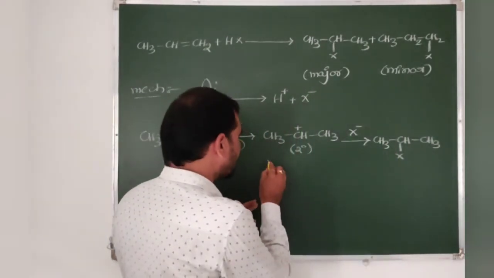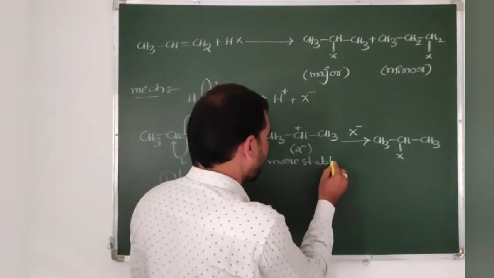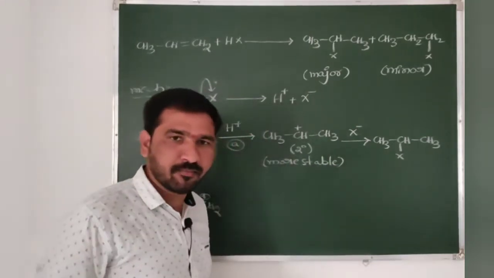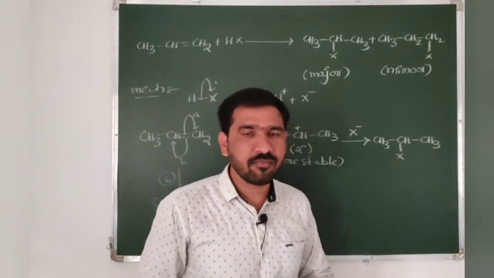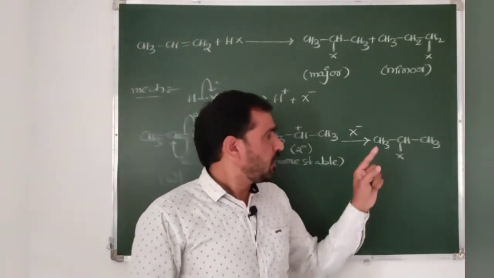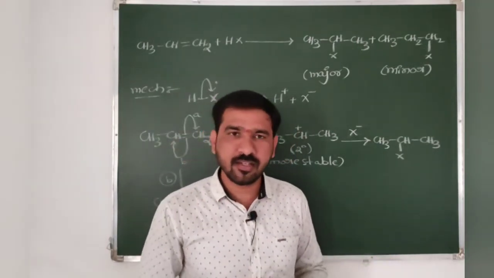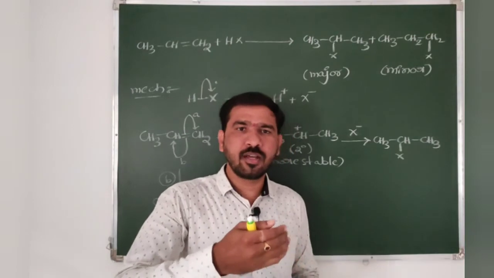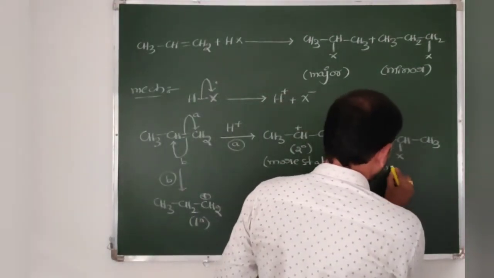This is more stable carbocation. So resultant product will be major. Because of what? One fact is there. Major product came from more stable intermediate. Minor product came from less stable intermediate. So this is major one.